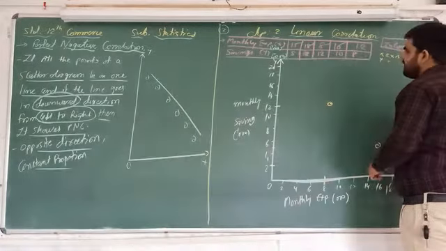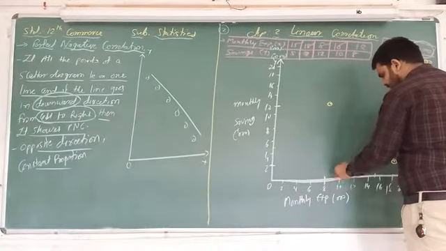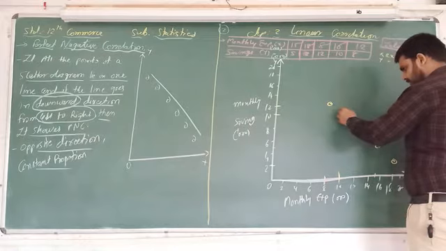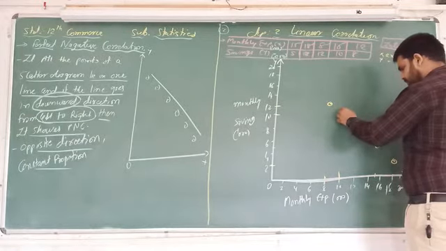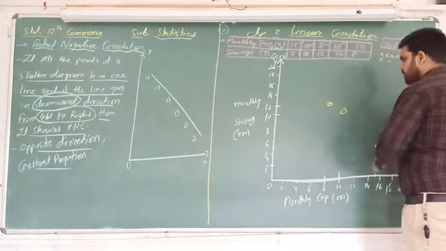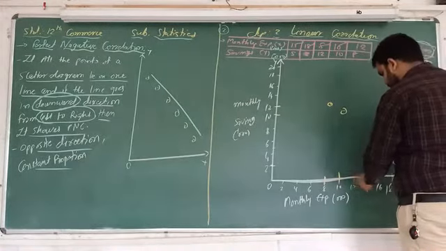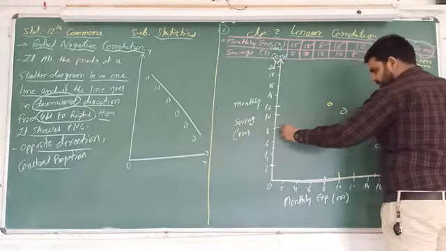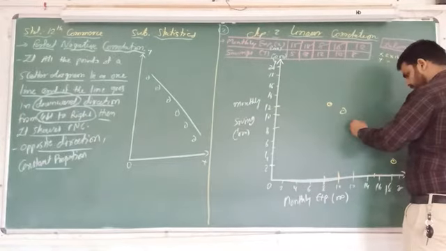Number 4, 10 and 10, so this is the fourth point. And 12 and 8, so 12,000 is expense and 8,000 is saving. So the fifth point should be here.